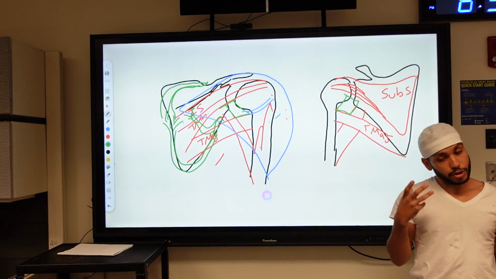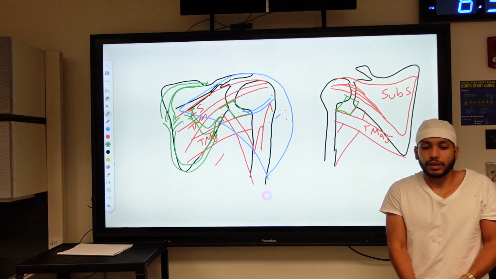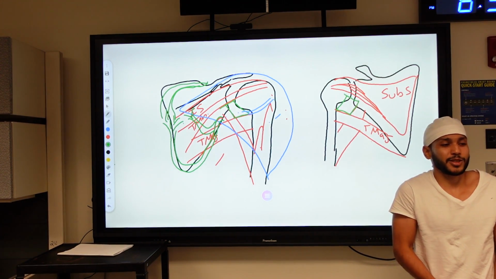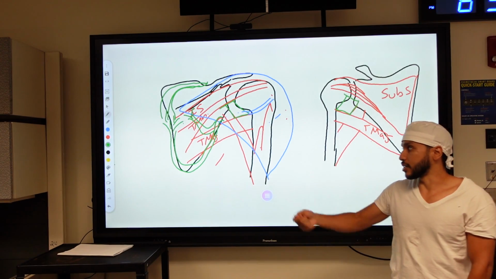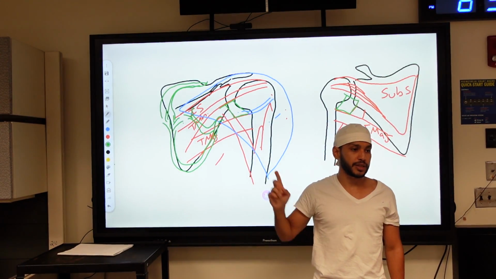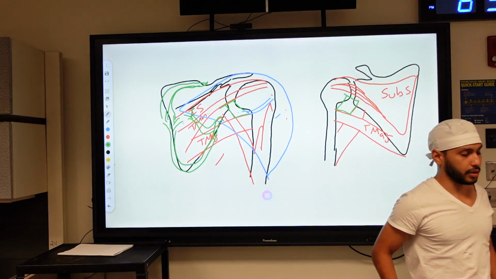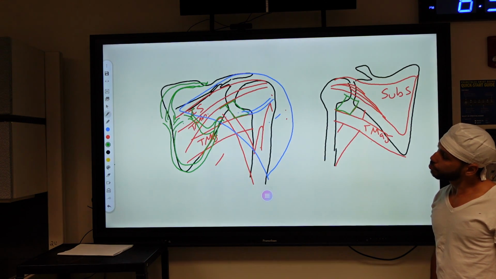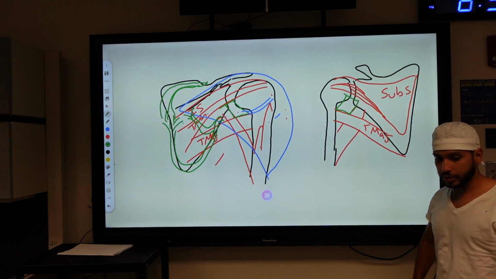Surgeons like to know them or need to know them so that they know which artery they can ligate and not cause ischemia to this part of the body. So this is a situation where I can ligate this and not have to worry about ischemia because I know it's coming from the other side, okay? Yeah, that's it for that.